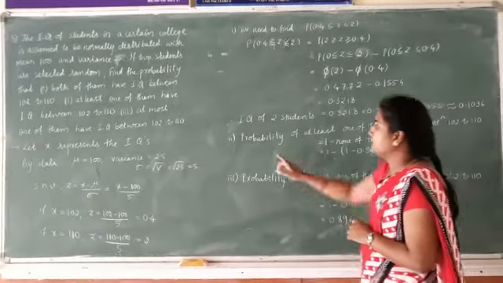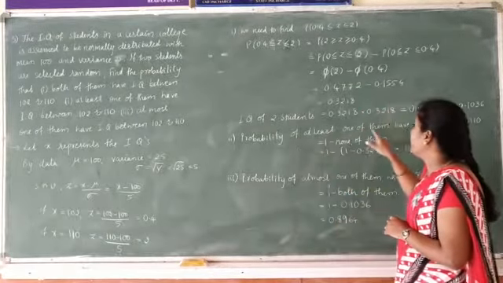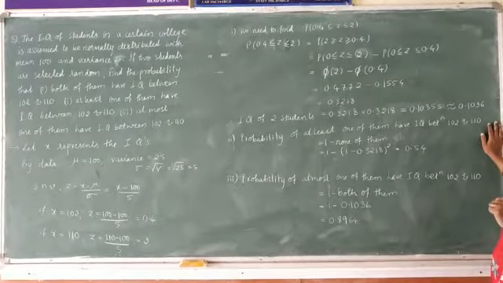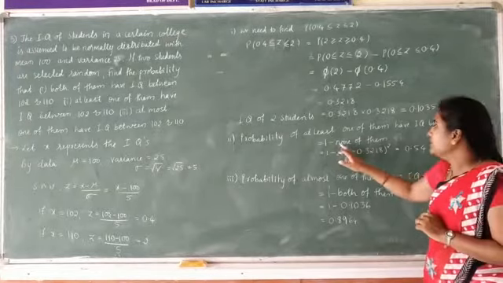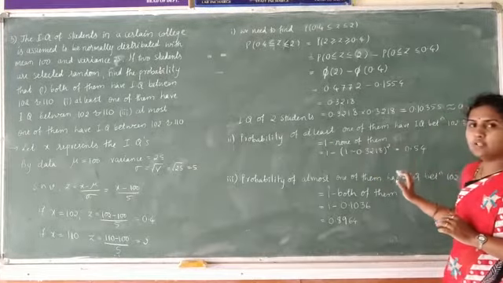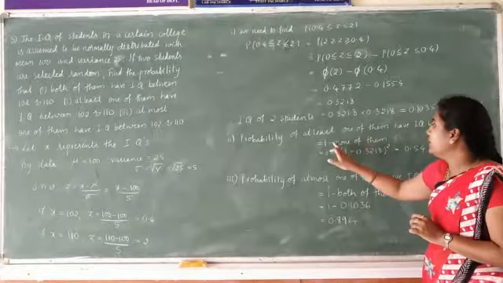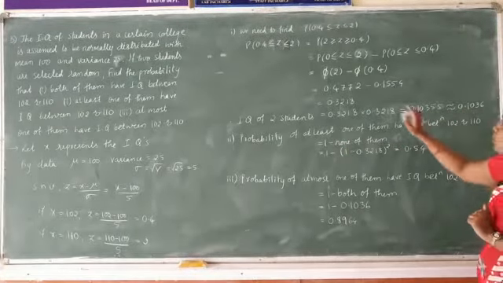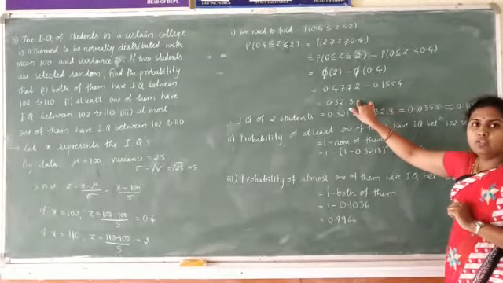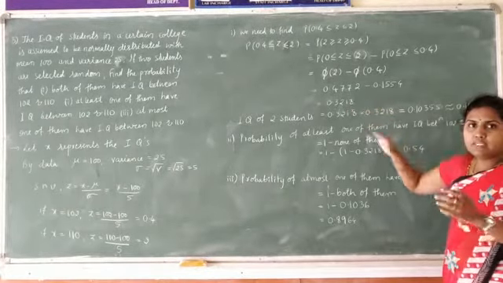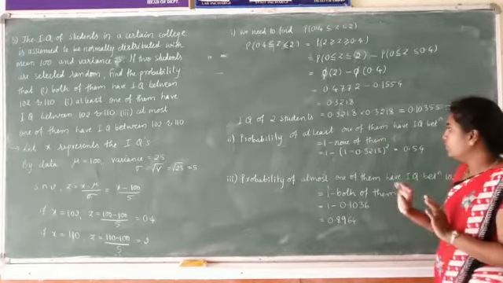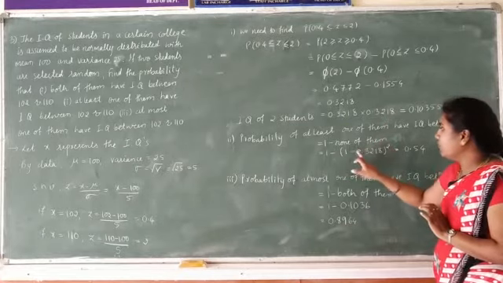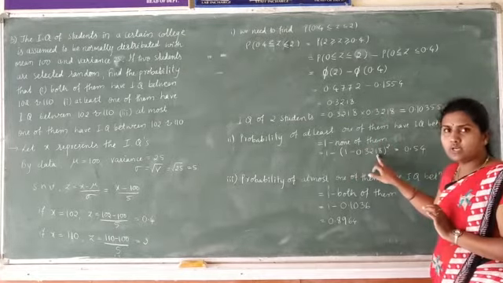Next, second one, they are asking the probability of at least one of them having IQ between 102 and 110. At least one means 1 minus none of them. None of them means no one has that IQ. For one student we have 0.3218, so none of them for one student is 1 minus 0.3218.